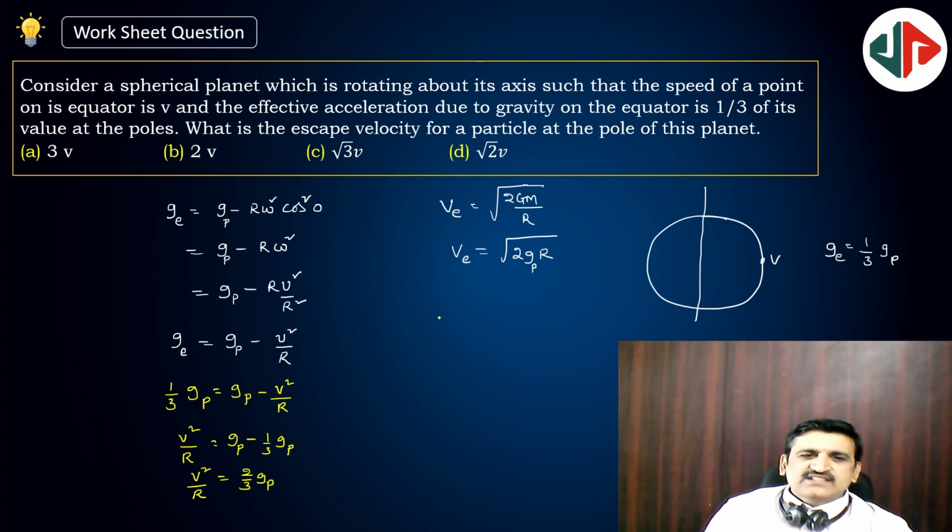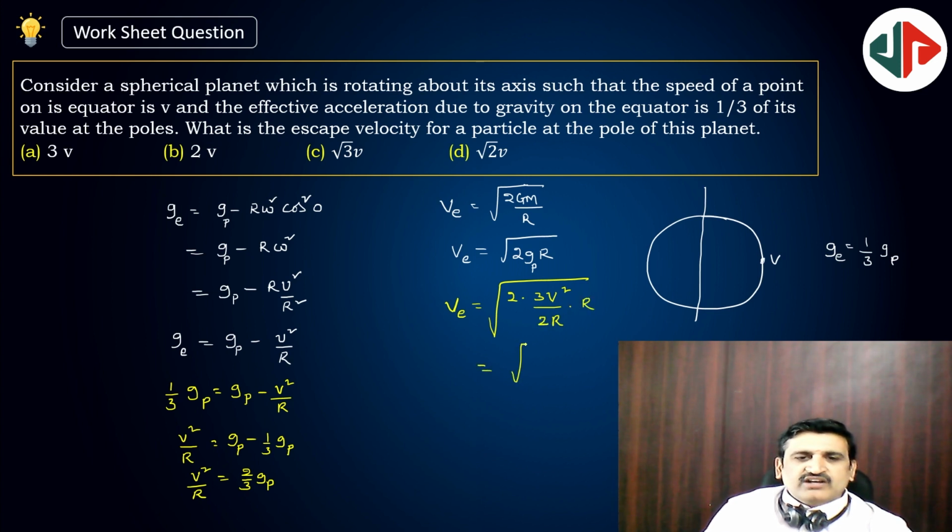Now let us replace. Escape velocity is equal to square root of 2 into g poles. Now I want to replace g poles: g poles is equal to 3 by 2 times v square by R, into R.